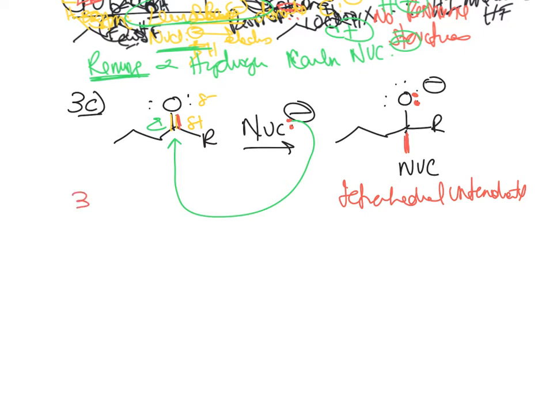Now, 3D. The reaction shown in 3C competes with the acid-base reaction. In your groups, discuss how the base, the nucleophile, could be altered in order to force the acid-base reaction to proceed preferentially.